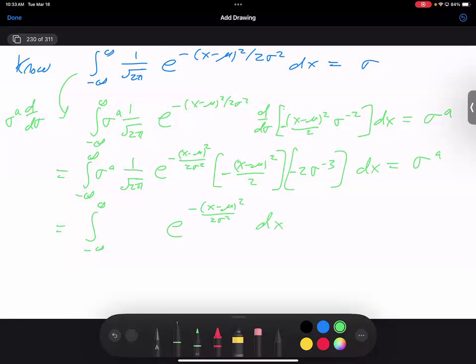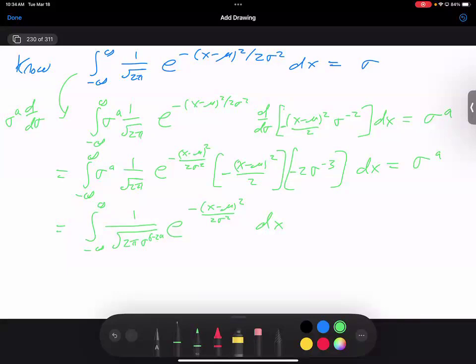We have a dx, the 2's cancel, we have a sigma to the minus 3, we have a sigma to the a, 1 over the square root of 2 pi, and then, so I have, I think it's 6 minus 2a down below. Yep. Does everybody agree that it's 6 minus 2a below?